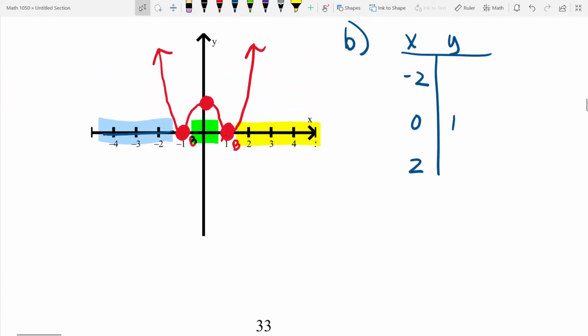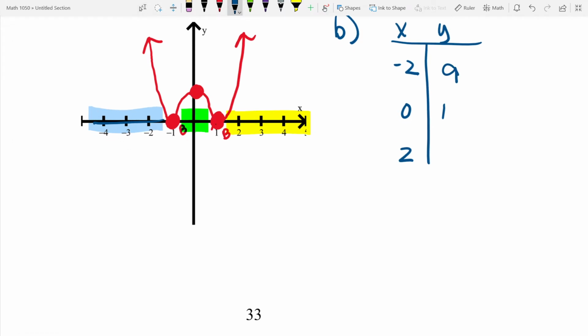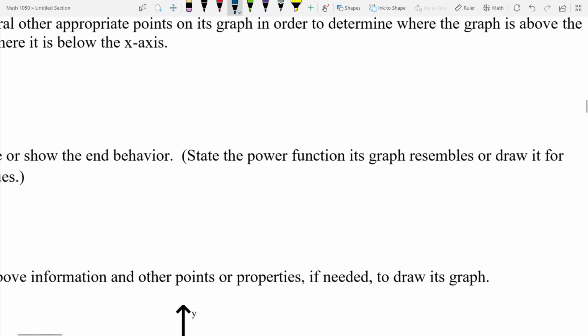So if it's a -2, then I get a +9. Let's do a +2. Everybody go 2, store, enter, up, enter, and I get a 9, and part B is done. This just means right here, above because it's a positive, above because it's a positive, above because it's a positive. So it's always above the x-axis. You don't really have to do that above, but I was just showing you. Okay? All right.